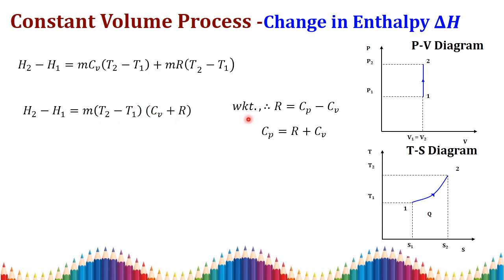We know that R is equal to Cp minus Cv, so R plus Cv is equal to Cp. So enthalpy H2 minus H1 is equal to mCp into (T2 minus T1). This is your change in enthalpy, which I can denote as delta H, so delta H is equal to mCp into (T2 minus T1).